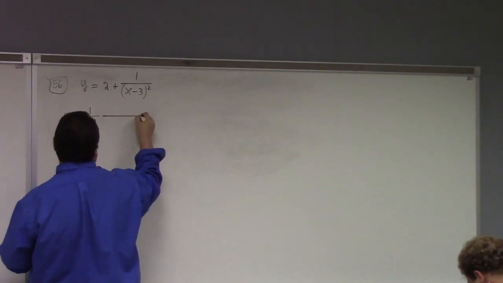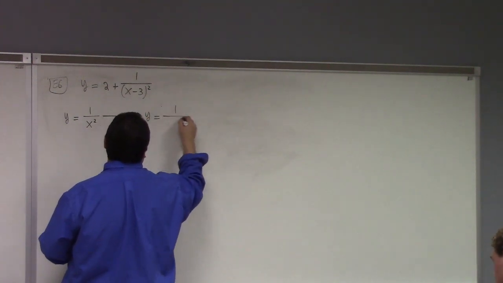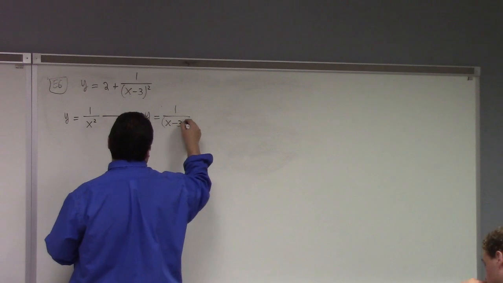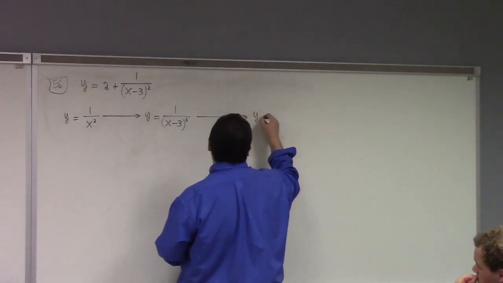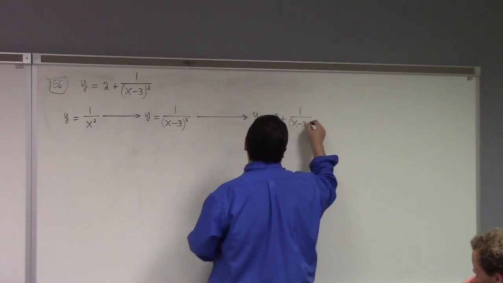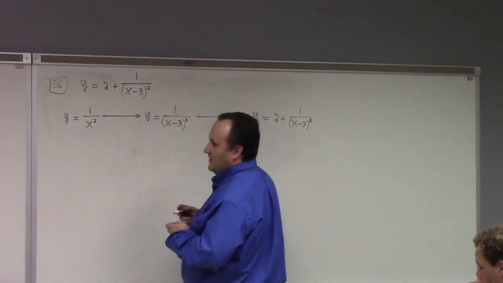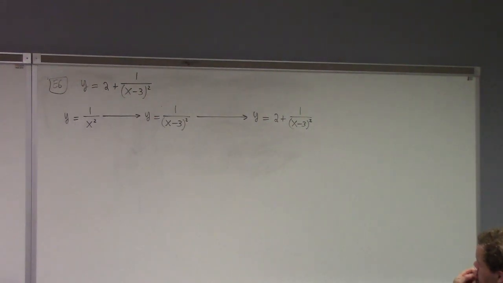And then if I go to y is equal to 1 over x minus 3 squared, that's one step I can make, right? And then I can do another step, which is y is equal to 2 plus 1 over x minus 3 squared. And then I would get to where I'm trying to get to, right? So this is a two-step thing.